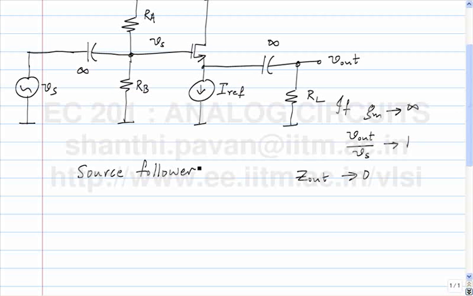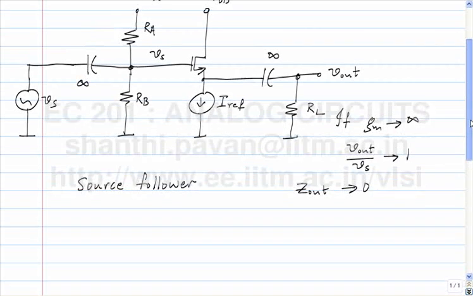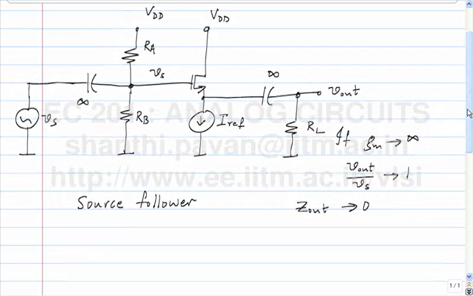The bottom line is that in practice we cannot make GM infinity, but if we make GM sufficiently large, where large is defined as GM being much larger than 1 by RL, then this begins to approximate an ideal GM tending to infinity. So the small signal properties of this amplifier have all been figured out.